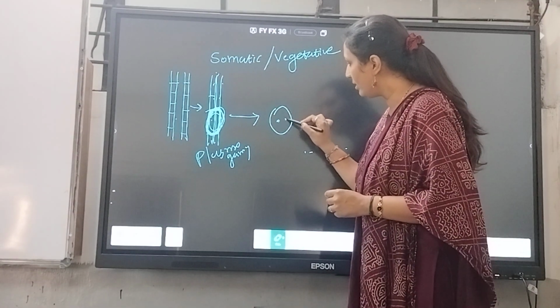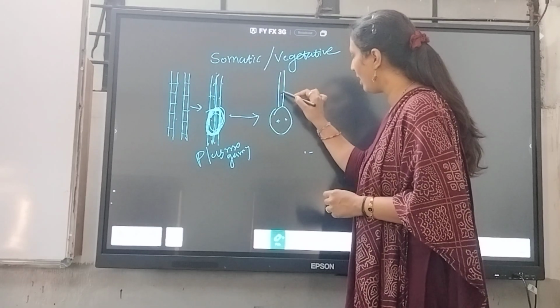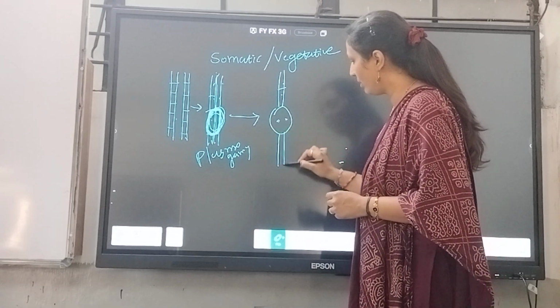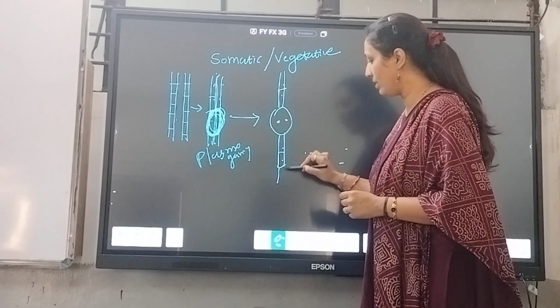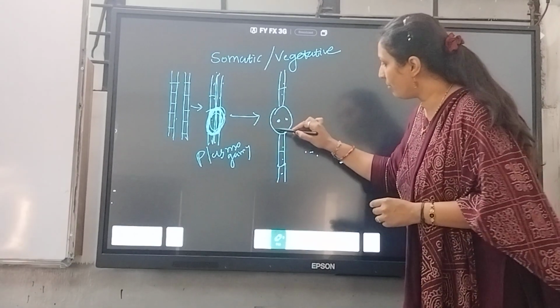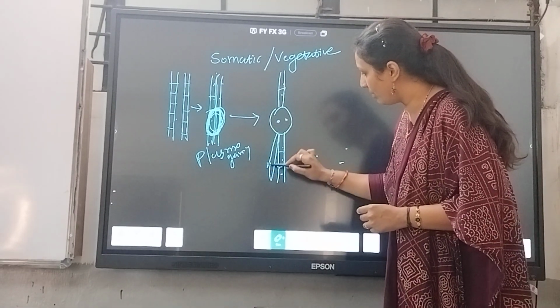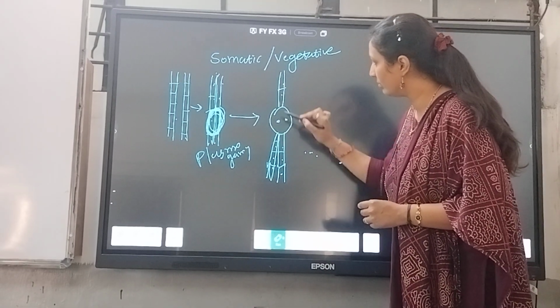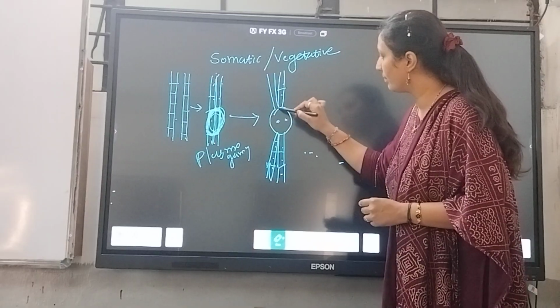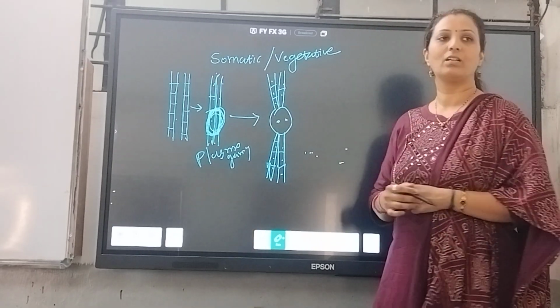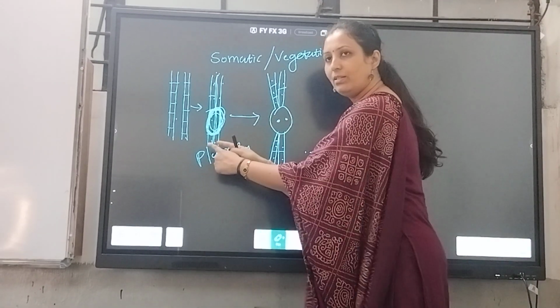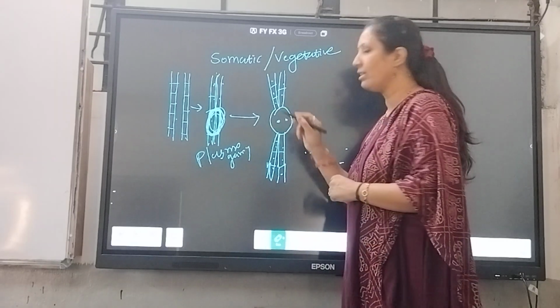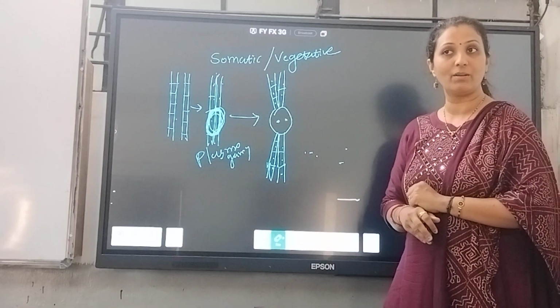So over here this cell, and how will the rest remain? Haploid. Do you understand? In the periphery they remain haploid. Same on the other side of the fungal filament. Clear? Two fungal filaments, in a specific cell plasmogamy occurs.